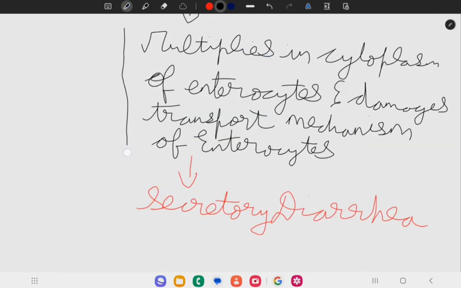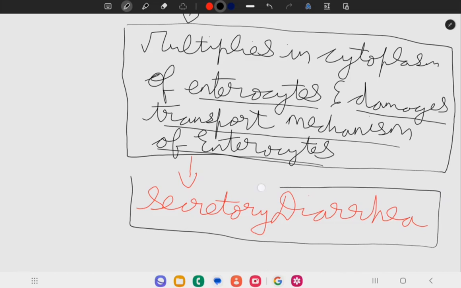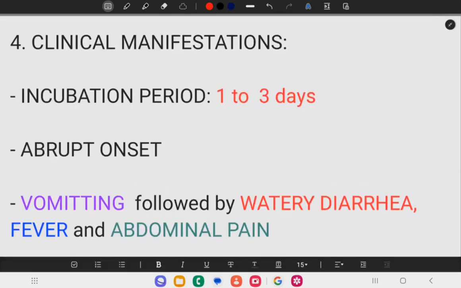Once it enters enterocytes, it multiplies in the cytoplasm of enterocytes and damages the transport mechanism of enterocytes, which results in secretory diarrhea. I have finished discussing pathogenesis.